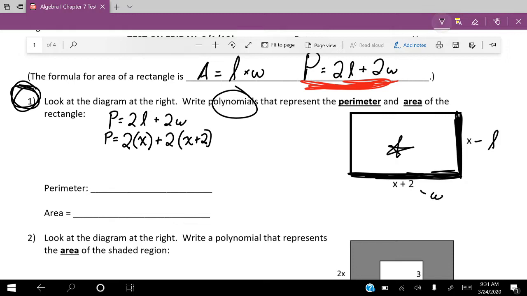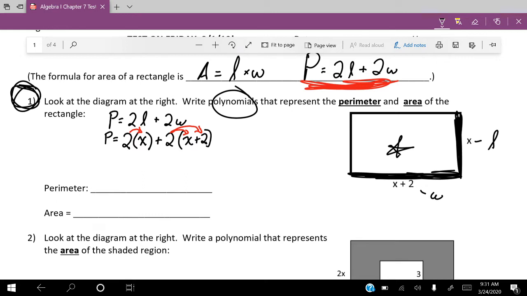This probably looks pretty familiar. If anybody knows the distribution rule, we have to distribute these 2's into the appropriate parentheses, so we're going to do that now.